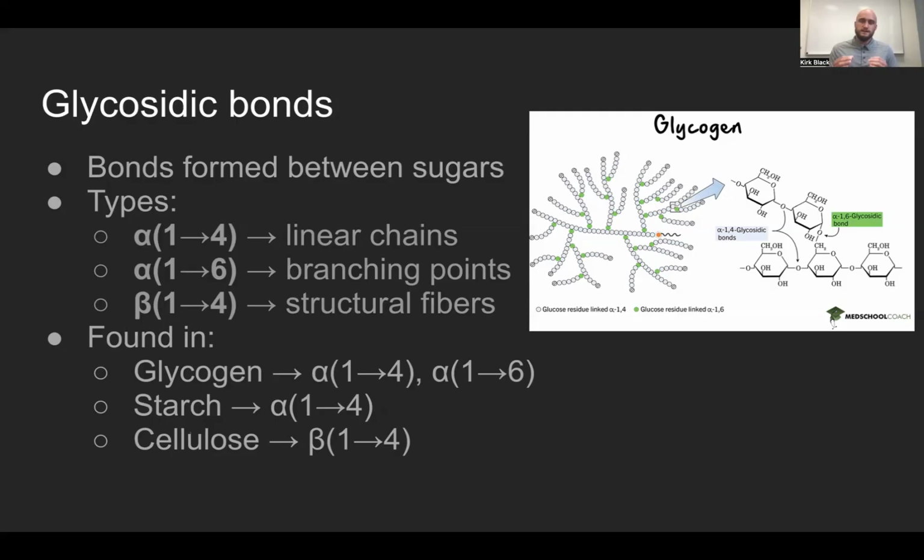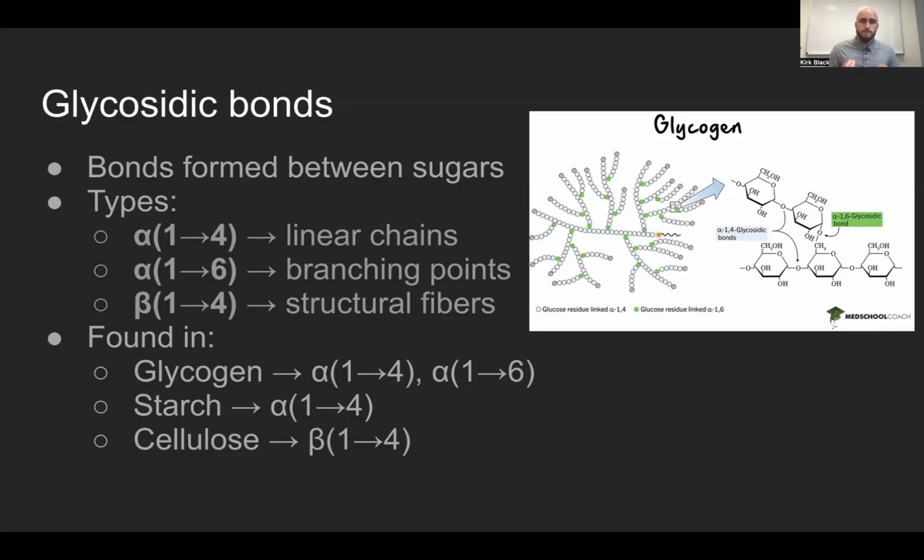This vastly differentiates with alpha 1,6 branching points because this is in abundance in glycogen. And in glycogen, you have many monosaccharides of glucose. And when the body is depleted of glucose, it relies on these glycogen stores to easily access these glucose monosaccharides.